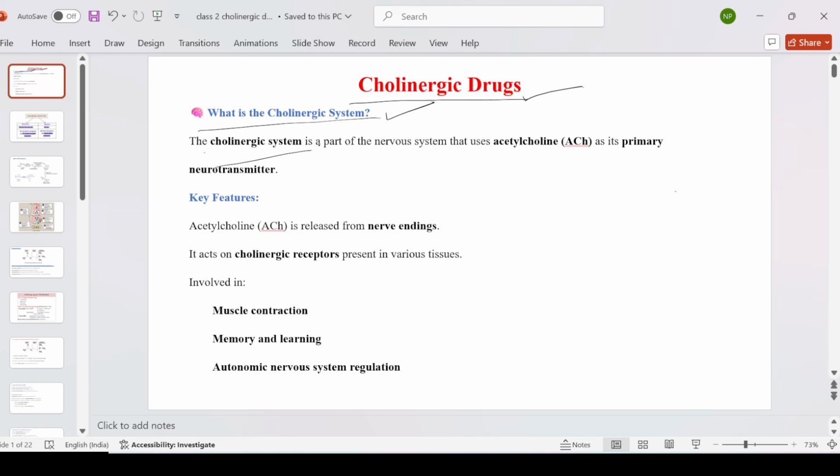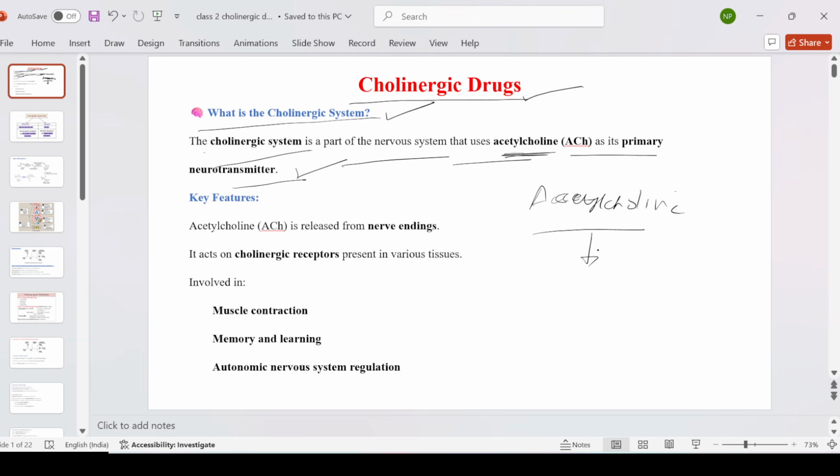The cholinergic system is a part of the nervous system that uses acetylcholine as a primary neurotransmitter.